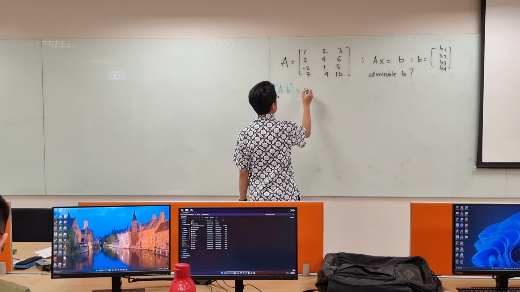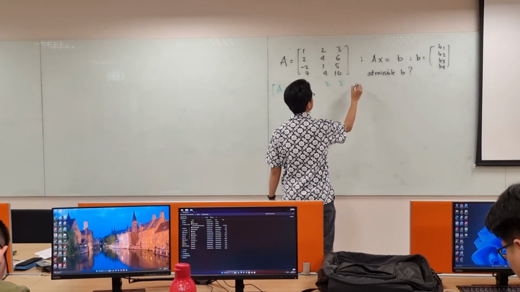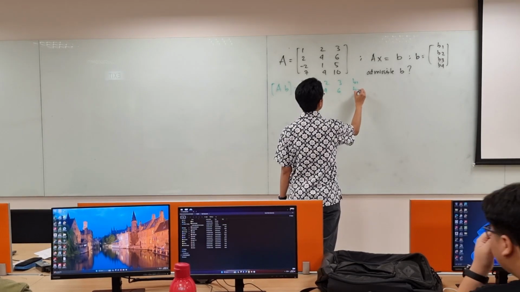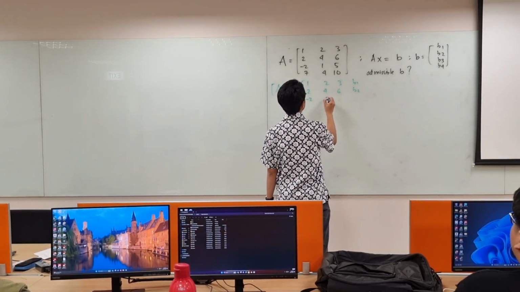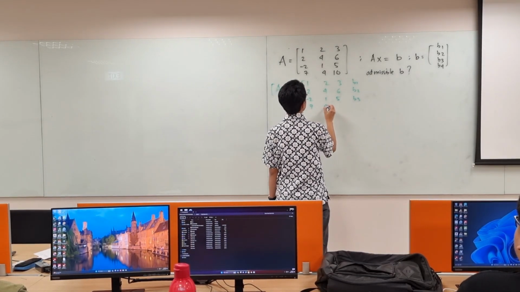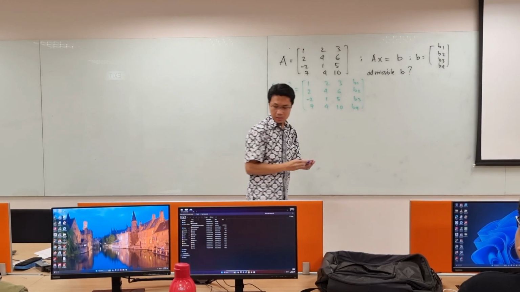So this will be the augmented matrix: 1, 2, 3, B1; 2, 4, 6, B2; minus 2, 1, 5, B3; and 7, 4, 10, B4. Okay.